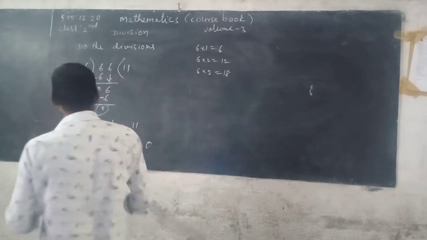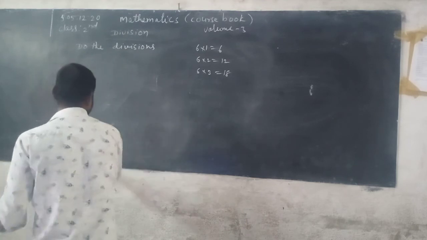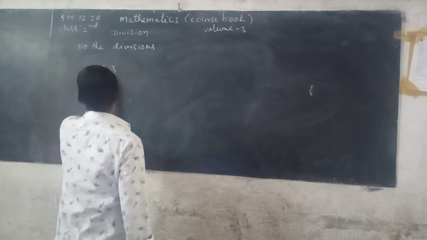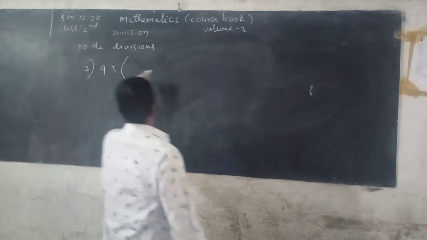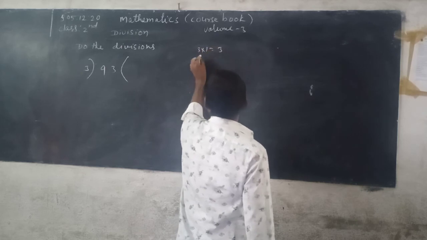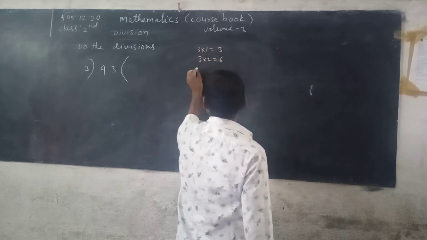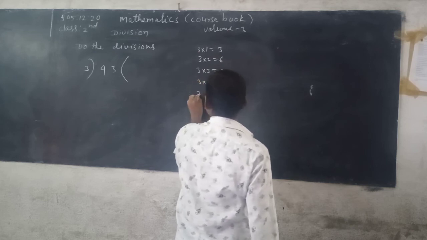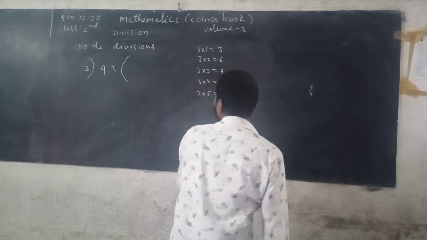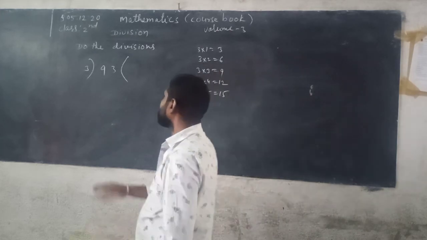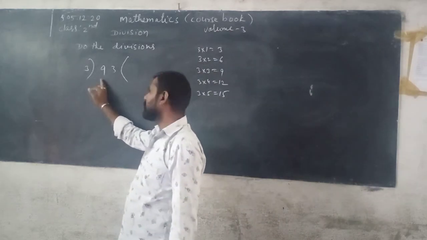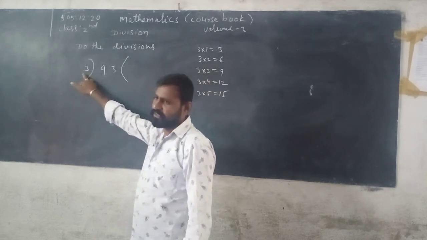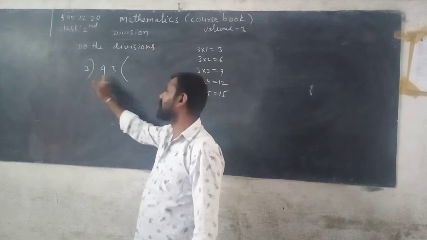Now next, 93 divided by 3. See here, we have to take 9 from the dividend. See here, 9 is more than 3. So I have to take the first place in the dividend from the left side.